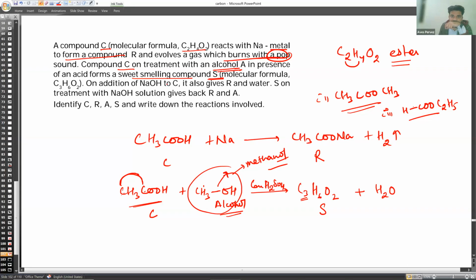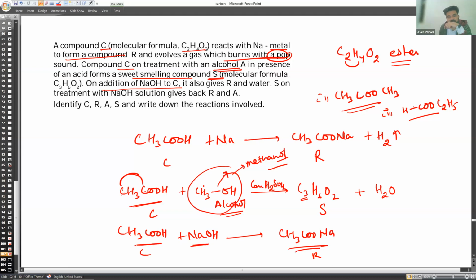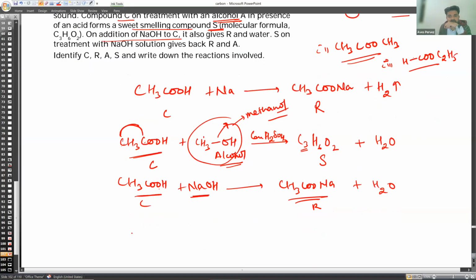Now what it is saying here is that on addition of NaOH to C, CH3COOH, it will give you R back, CH3COONa. This is acid and this is base, so acid plus base will give you salt and water. So you will get back R. And S treated with NaOH, S is this one, the ester CH3COOCH3, in compressed form.